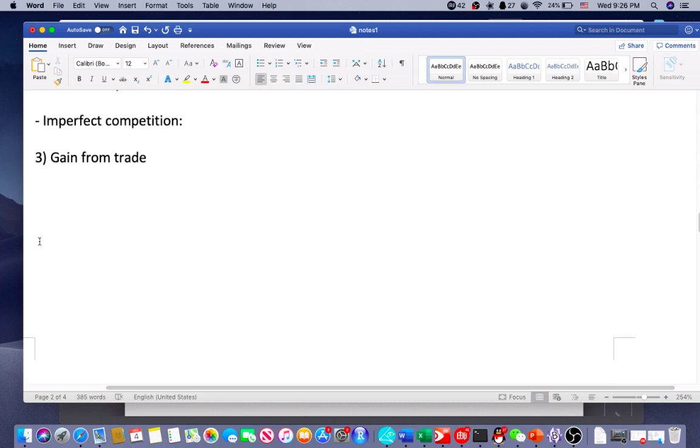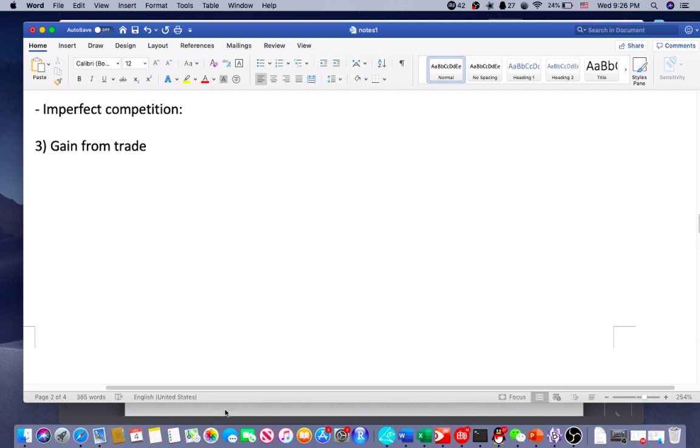So how can one country gain from trade? When autarky is open to trade, relative price Px divided by Py differences will cause domestic producers and consumers to adjust according to the international relative price. That is, the marginal rate of transformation, the marginal cost of X divided by marginal cost of Y, is equal to Px divided by Py.